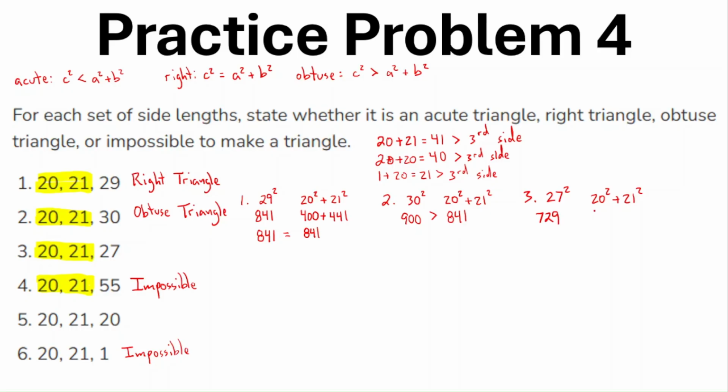We know that since 3 has the same short lengths as 1 and 2, the right side here is going to be 841 again. We have 729 on the left. That is less than the 841 on the right. In this case, since c squared is less than a squared plus b squared, that means number 3 is an acute triangle.